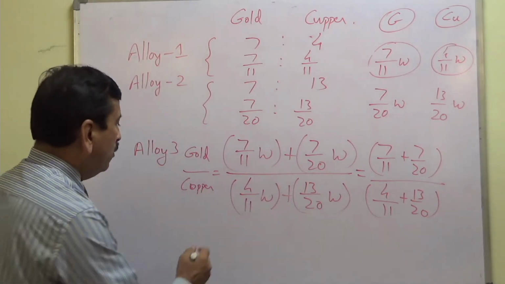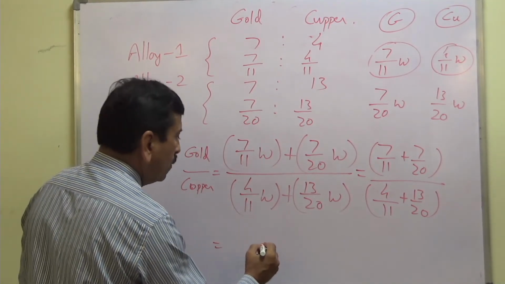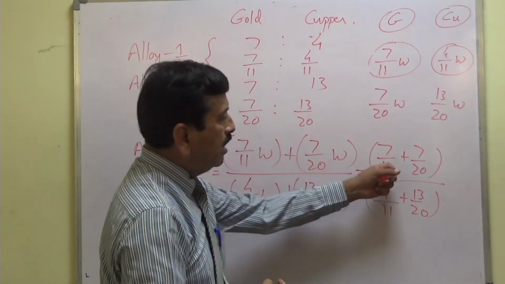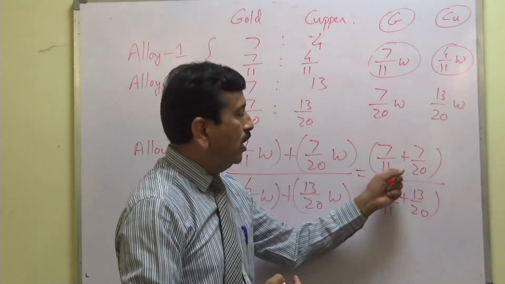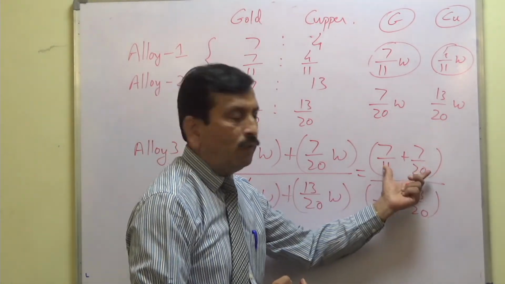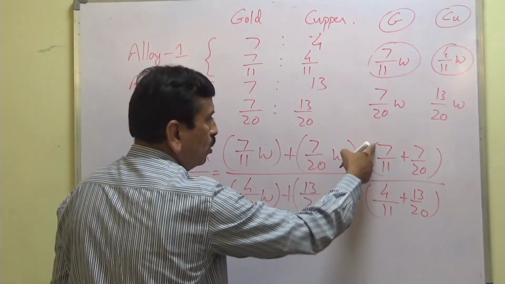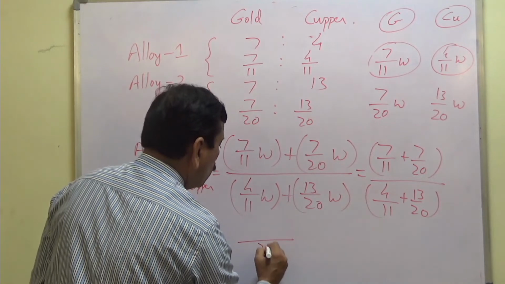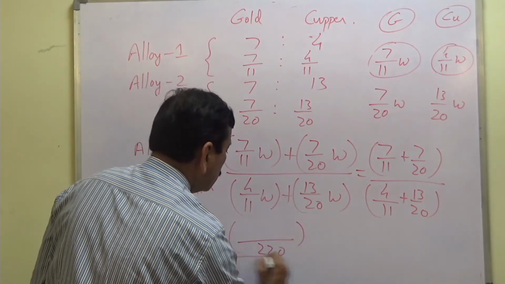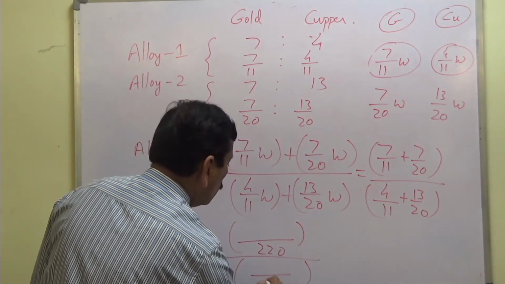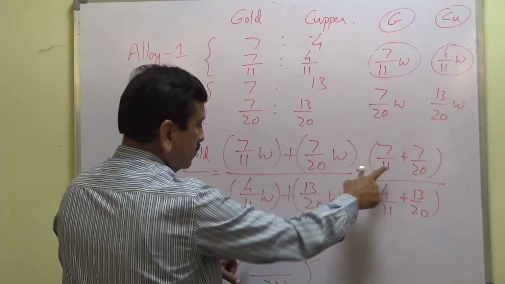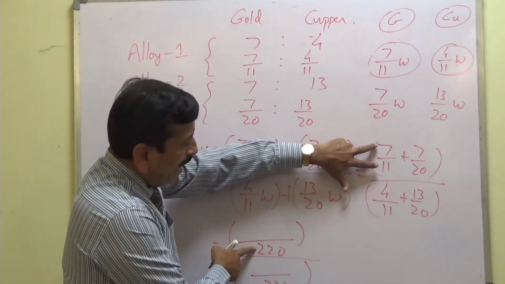Again, the LCM of the numbers will get it out. We'll get the LCM of 11 and 20, nothing common, so the LCM will be mere multiplication, 220. So 7 by 11 is equal to, with 220 as LCM, how much do I get here?